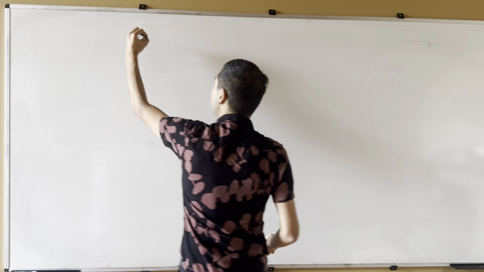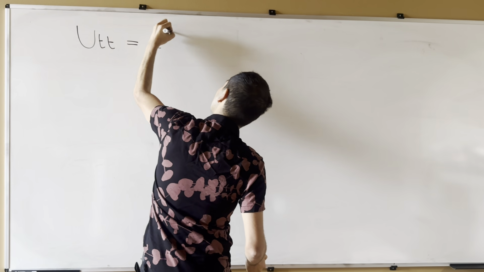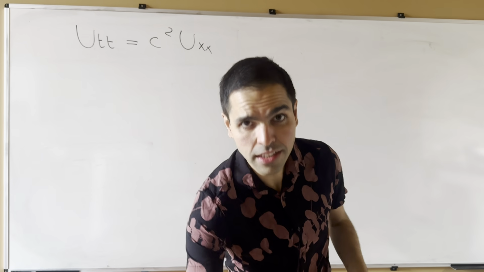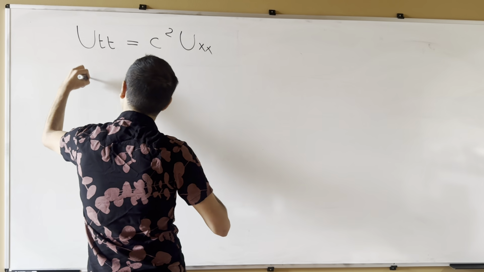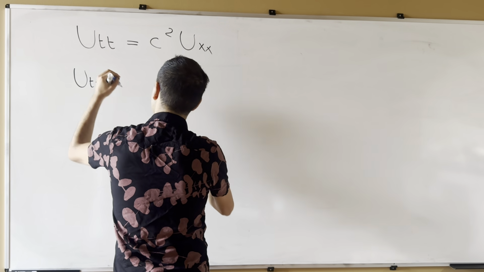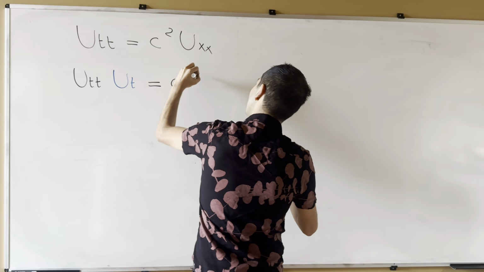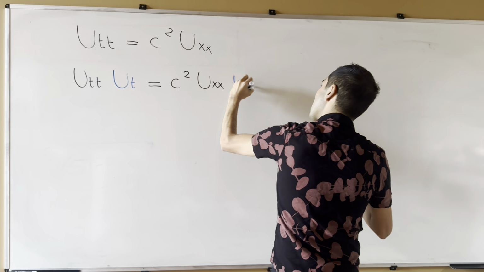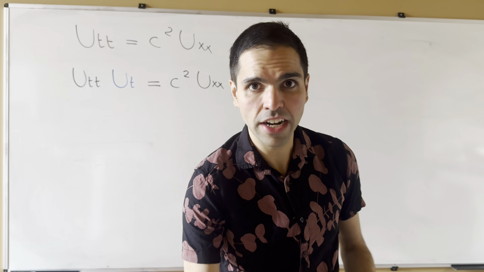So we have u_tt equals c squared u_xx. Now we multiply this by our helper function, so u_tt u_t equals c squared u_xx u_t. Remember, we want to build up to our energy.